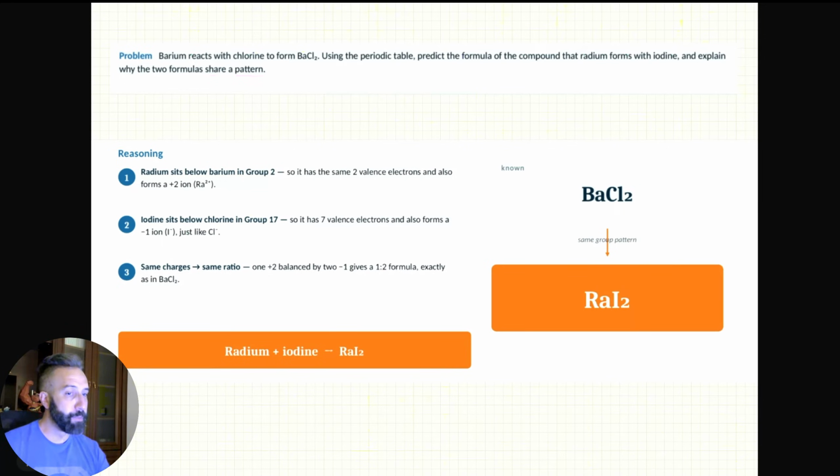So if it's BaCl2, it's logical that it's also going to be RaCl2, or RaI2. Because barium and radium are in the same group, and chlorine and iodine, group 7 elements, are obviously in the same group, they're always going to form equivalent, similar compounds like this. You will see a lot of questions like this in the actual AP questions.